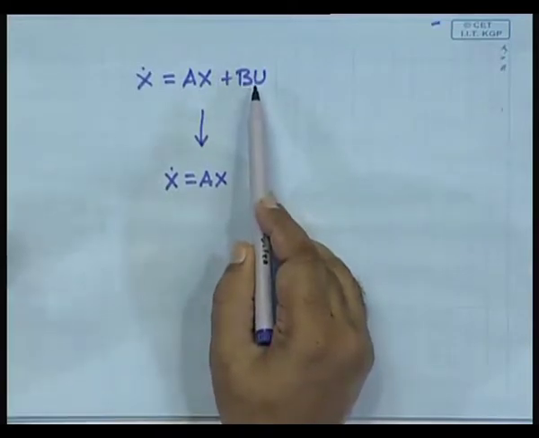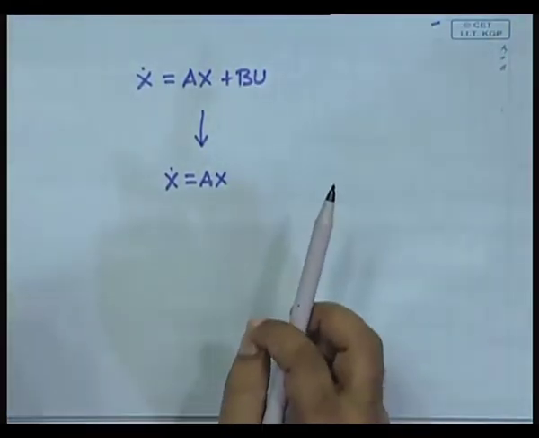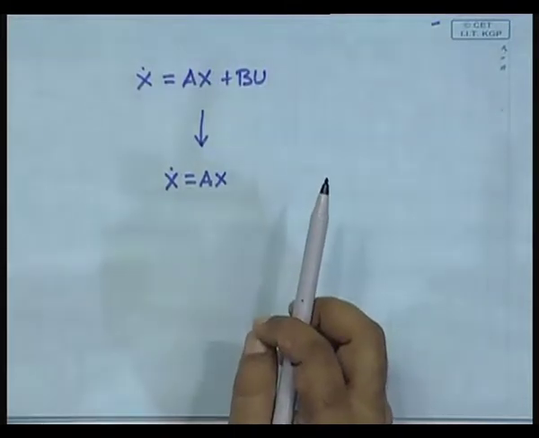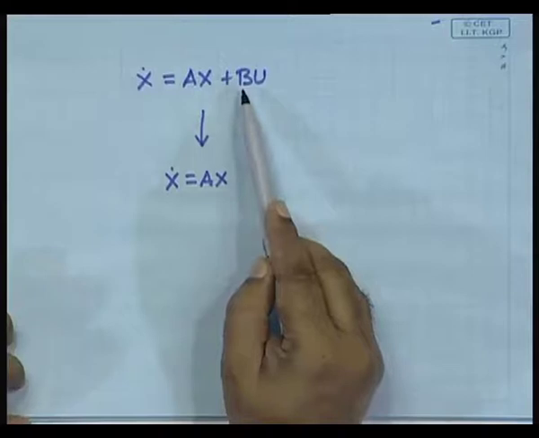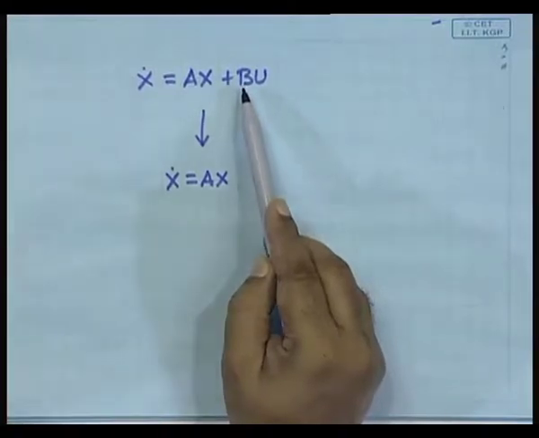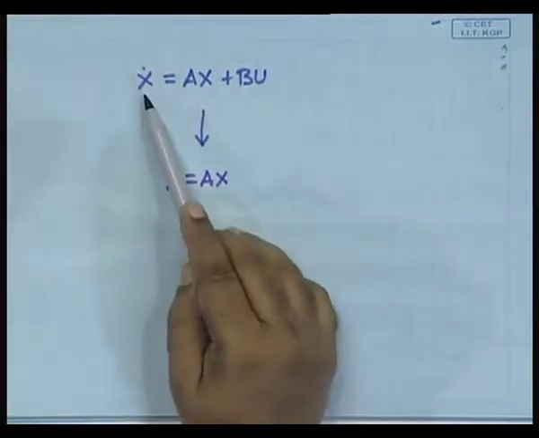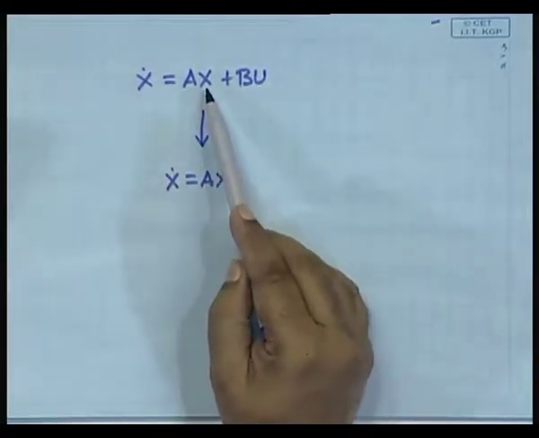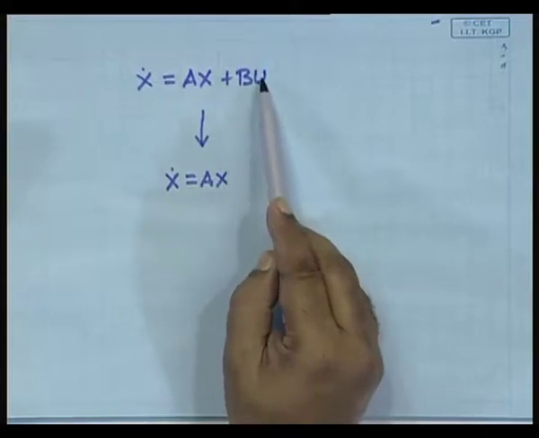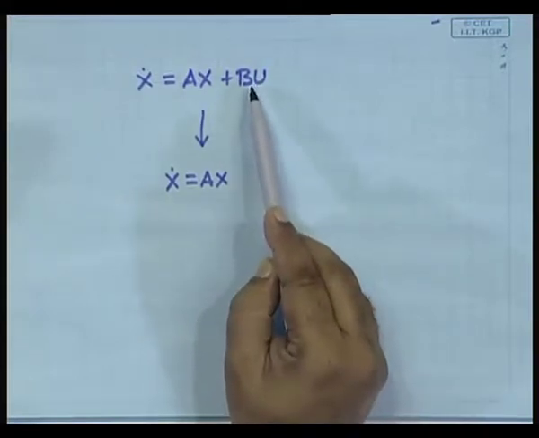What was the logic? That we first tried to understand what happens in the neighborhood of the equilibrium points, and we said that the effect of this is basically to decide the location of the equilibrium point. This would be 0. So, the location of the equilibrium point will actually be given by this term B u. Can you see that?